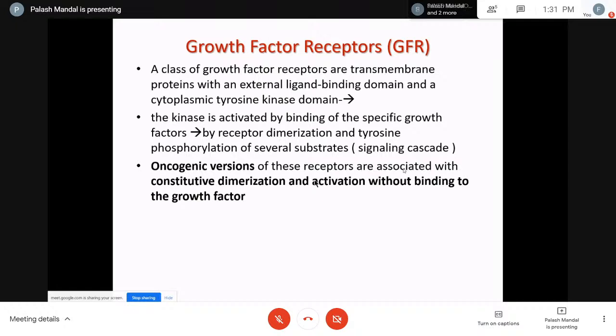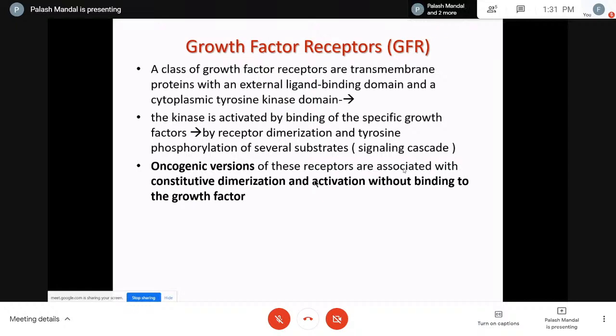And what does the cytoplasmic tyrosine kinase domain do? That leads to the activation, or the phosphorylation, of the tyrosine kinase and several substrates in the signaling cascade. So there is tyrosine phosphorylation. The receptor is initially in a monomeric form.